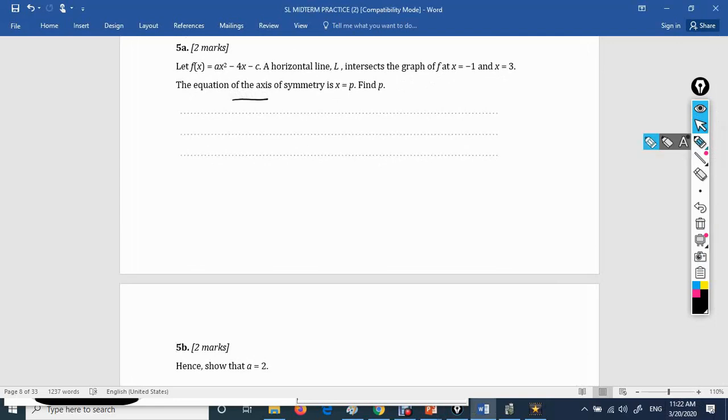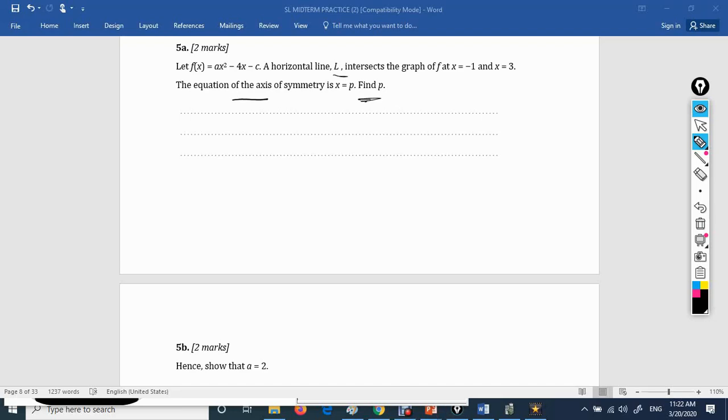That's a little bit better. So let f of x equal ax squared minus 4x minus c. A horizontal line, L, intersects the graph of f at x equals -1 and x equals 3. The equation of the axis of symmetry is x equals p, find p.